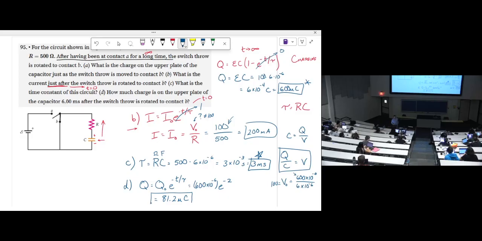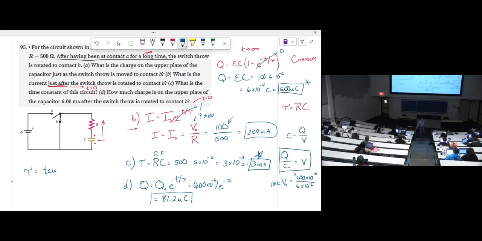Pardon? Tau is... tau. Like alpha, beta, tau, or whatever. Tau is the time constant. It's a characteristic of time, right?